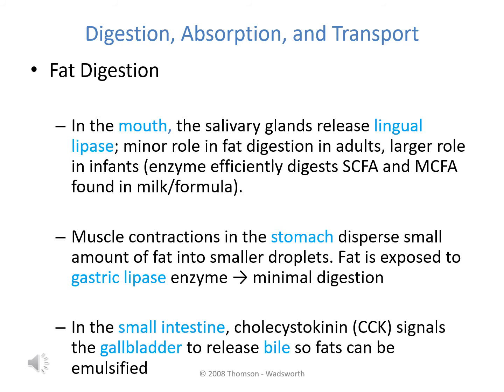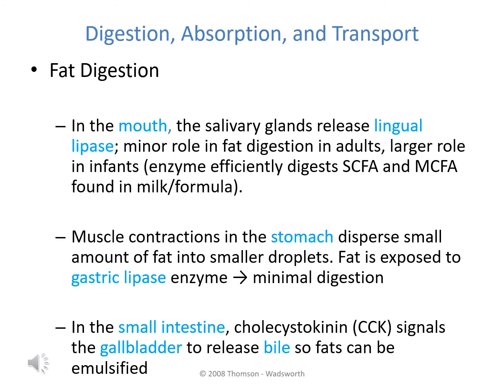However, in infants, this lingual lipase that's produced will actually start to digest short chain as well as medium chain fatty acids. These are the fatty acids that are predominantly found in breast milk as well as infant formula. So as far as a starting point for digestion for infants, it definitely would occur in the mouth. For us as adults, there really isn't anything significant occurring at this point.